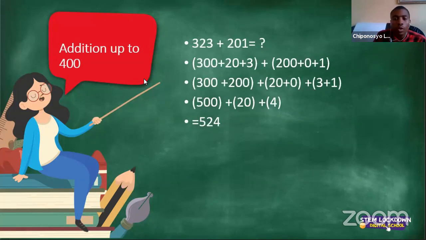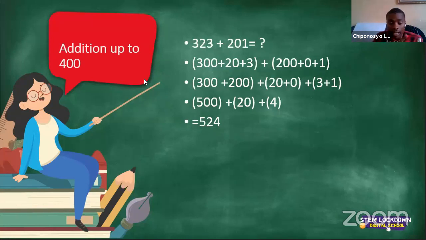Right. So we have 323 plus 201. When we break them up into place values, it's 300 plus 20 plus 3.